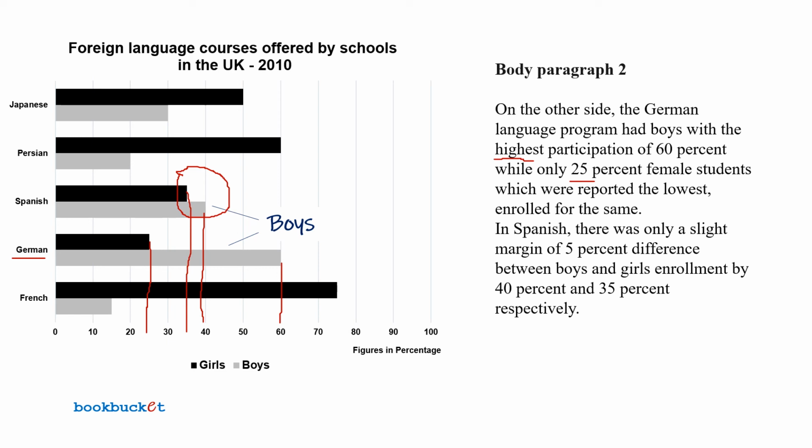Very good. Same thing, we explain the information and support the idea, because factual details are available here in the graph. Great. So this is how we report. Body paragraph 2, we have completed the report.